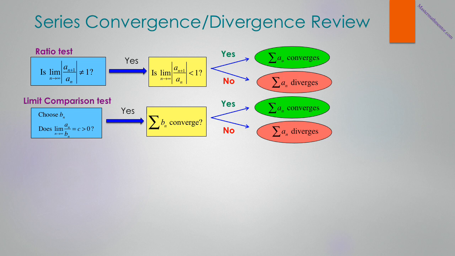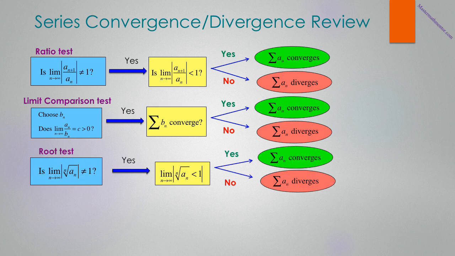If the answer is yes, then you look at summation of b sub n and whether that converges or not. If the answer to that question is yes, then the a series converges. If the answer is no, then the a series diverges.